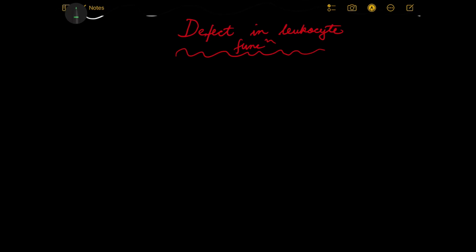What would happen then? This is the first topic at hand as far as defect in leukocyte functions is concerned. The person would have a couple of disorders, or rather the person wouldn't have all of those disorders, he or she would have only one of them, but collectively these disorders are known as leukocyte adhesion disorders.